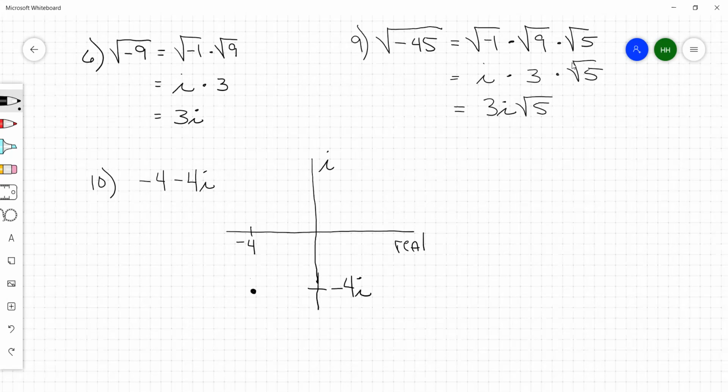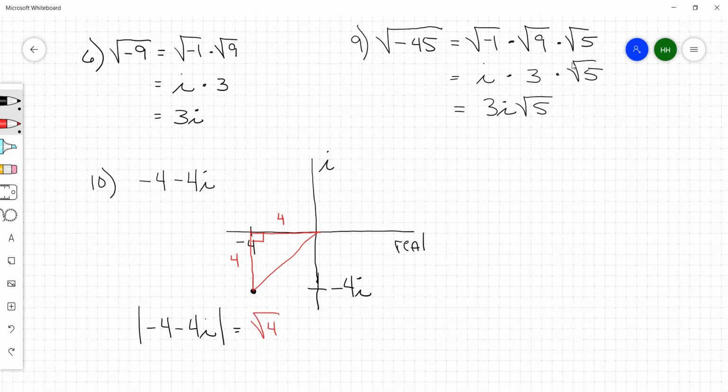All right, and if you were asked to find the absolute value of it, the absolute value of negative 4 minus 4i, remember that's the distance from the origin to the point, which is the same distance as the hypotenuse of a right triangle formed here, where the horizontal section of the right triangle would be 4, and the vertical section would be 4 as well.